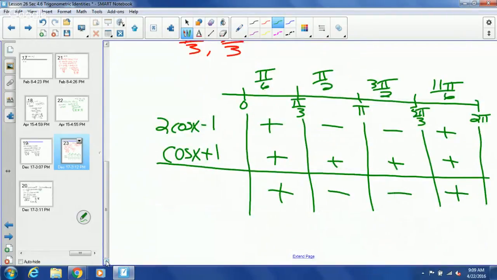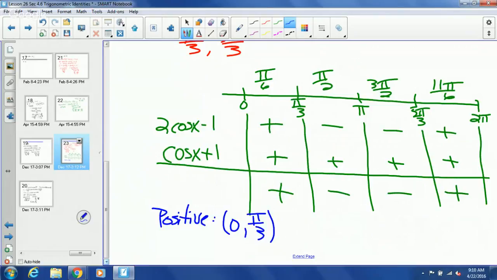Looking at that, let's just do the positive side first. On what intervals is it positive? It's 0 to what? To pi over 3. That's not inclusive, so you have just parentheses. What's my other interval?